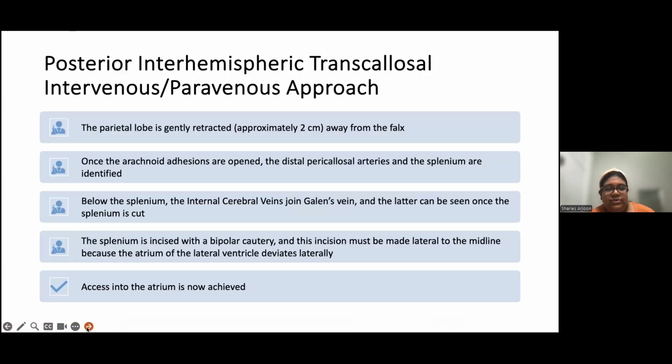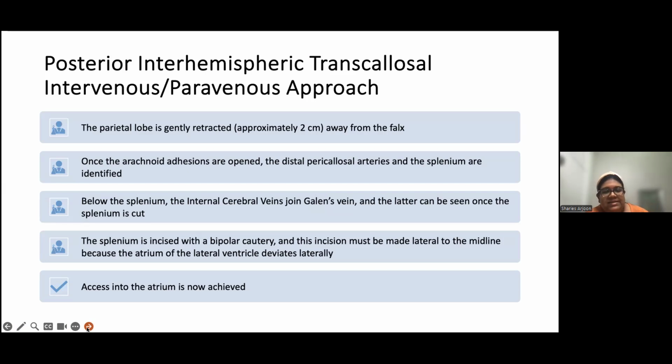The parietal lobe is gently retracted approximately 2 centimeters away from the falx. Once the arachnoid adhesions are opened, the distal pericallosal arteries and the splenium are identified. Below the splenium, the internal cerebral veins join the vein of Galen, and the latter can be seen once the splenium is cut.